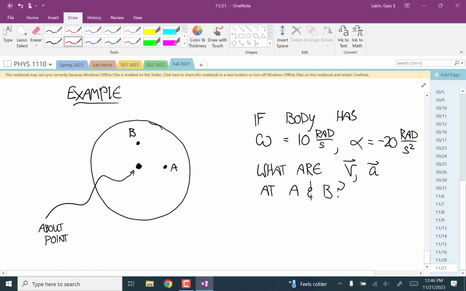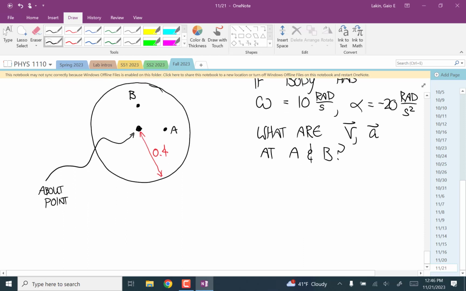I need to tell you how far these points are from the about point. Let's say the radius of this wheel is 0.4, and A and B are halfway out from the center to the end.